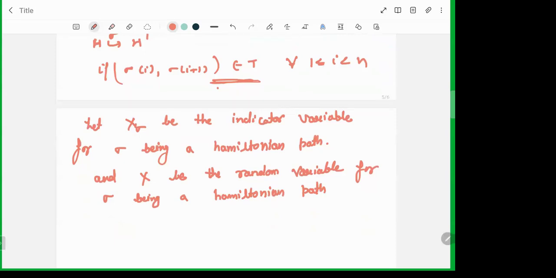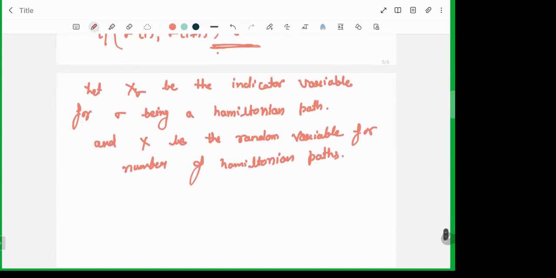What I'm saying is, x be the random variable for the number of Hamiltonian paths, right?